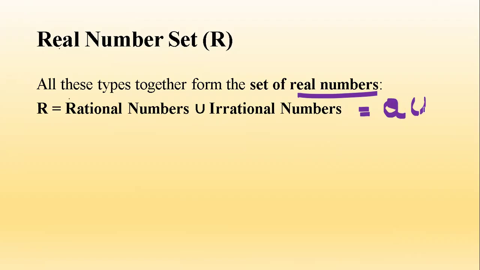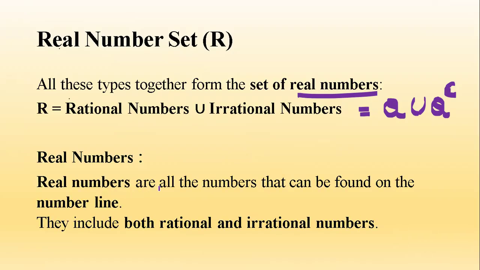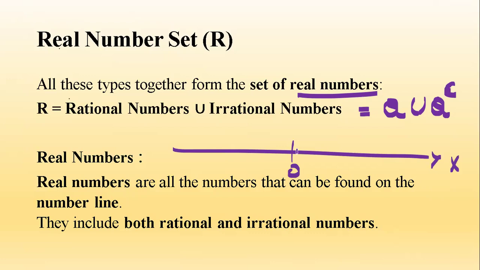Real numbers is the union of rational numbers and irrational numbers. Real numbers are the numbers that can be found on the number line. This is the number line, positive x-axis. This is negative x-axis. They include both rational and irrational numbers.